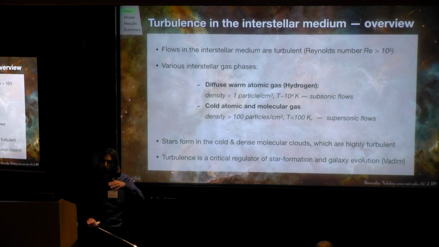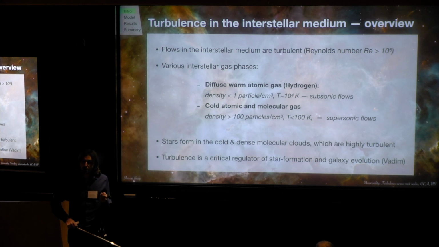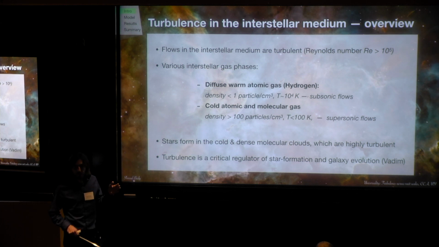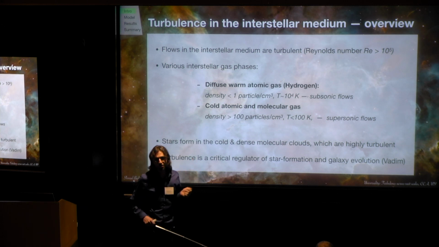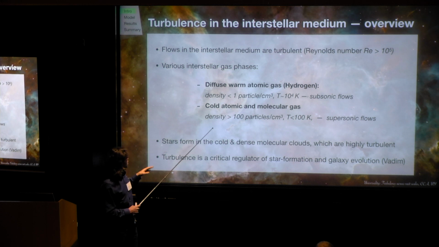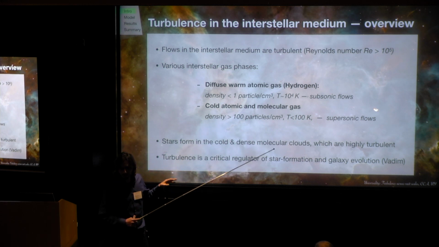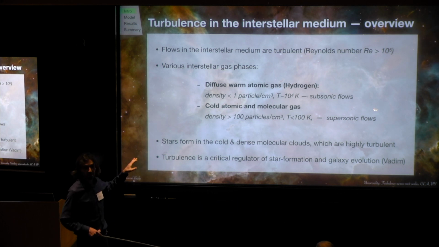That's because we have different cooling mechanisms in the interstellar medium and heating mechanisms from stellar UV light and cooling from line emission, which cools the gas to these temperatures. So the cold gas is usually supersonic, the warm is subsonic, and the densities are quite low, much lower than what we hear in these experiments. So high density would be 100 particles per centimeter cubed, and low density is about 1 particle per centimeter cubed. And we still call it gas, not vacuum.